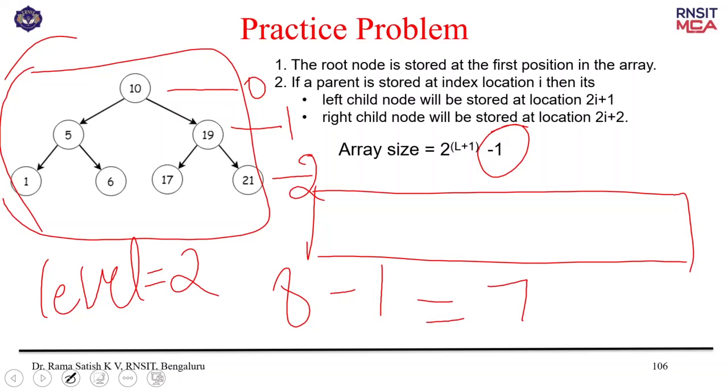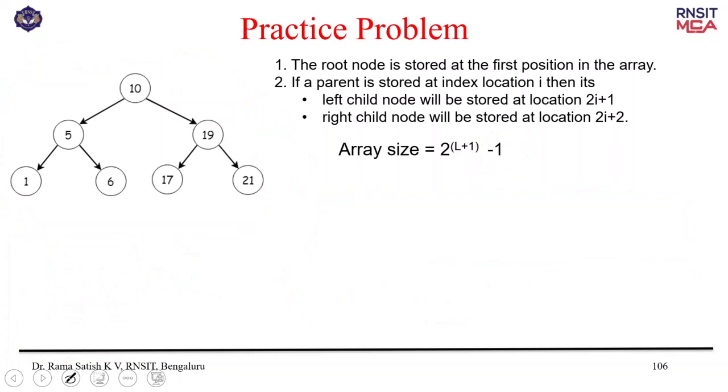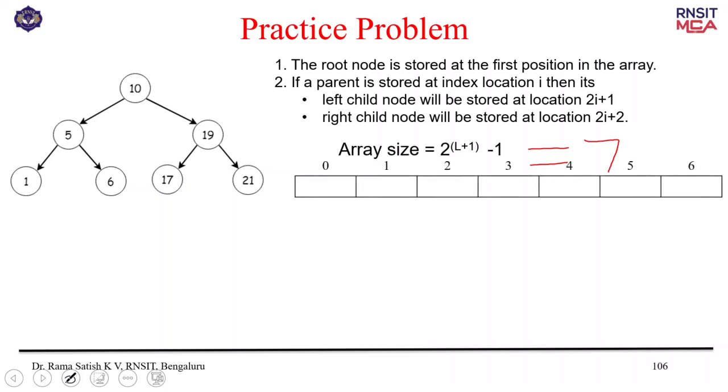You need an array of size 7. So you create an array of size 7, and you can see it here: 1, 2, 3, 4, 5, 6, 7, with indices starting from 0.